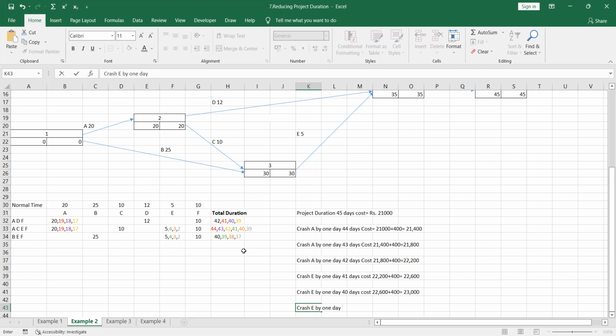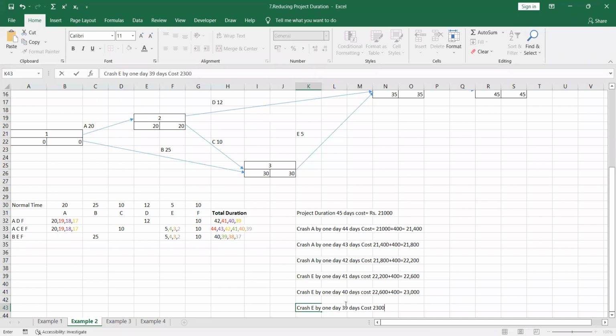What is the path which is having a highest duration? ECEF 39, ADF 39. That means these two paths now become the critical path. So 39 days. And now I am going to calculate cost.